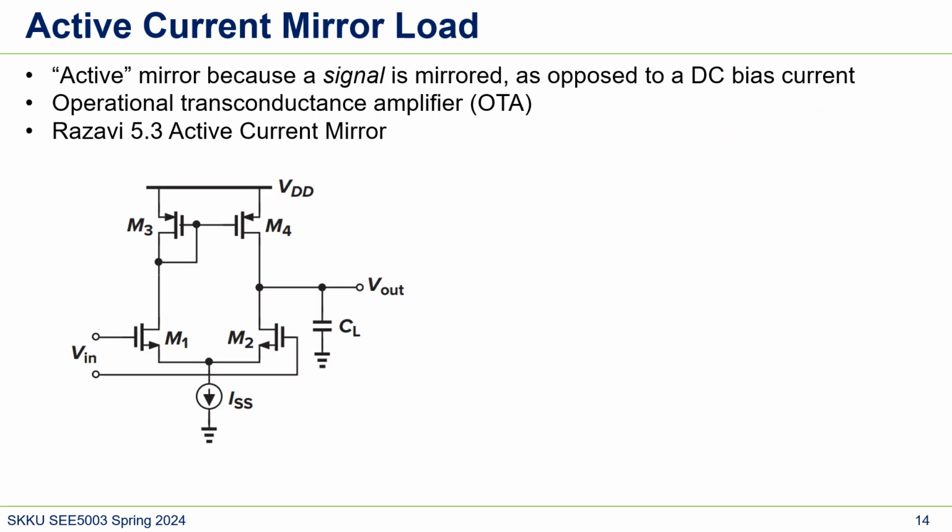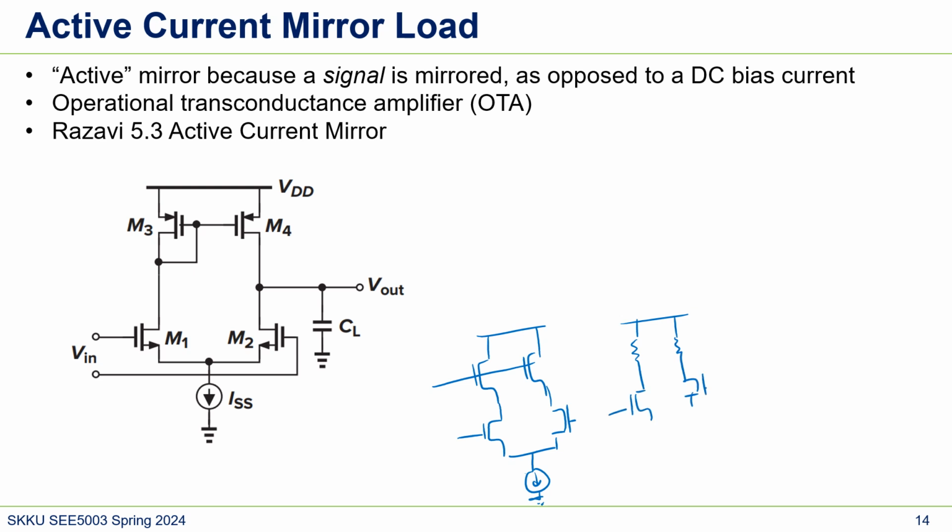Here's the schematic of the active current mirror load. This connection is the key. What we learned before was the fully differential amplifier, and they look like this, or they just look like a resistor there and this.